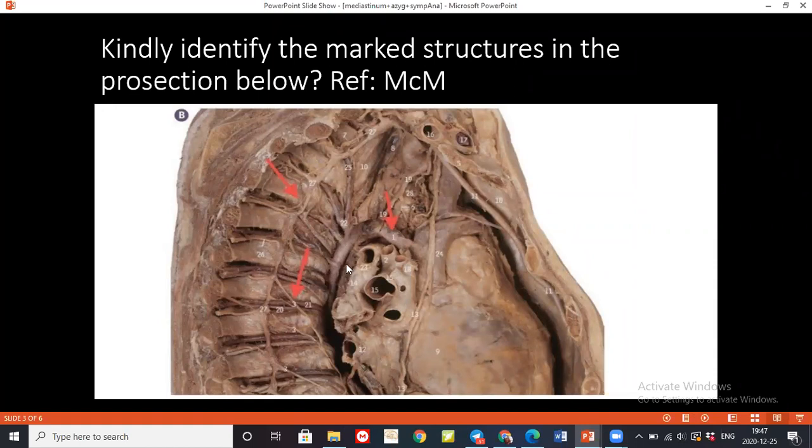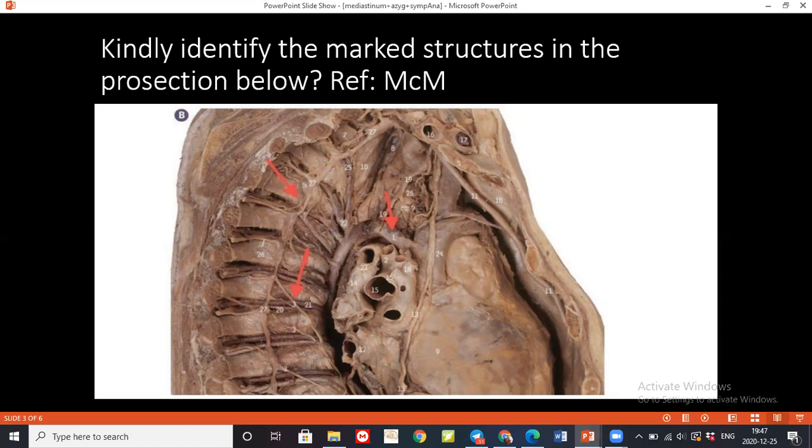No, this is the arch of the azygos vein. All right. Can you please tell me the tributaries of the azygos vein? Okay, it is formed from the ascending lumbar veins and the right subcostal vein.